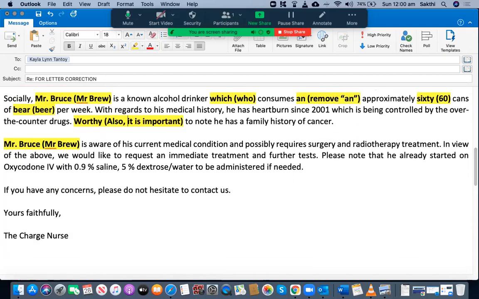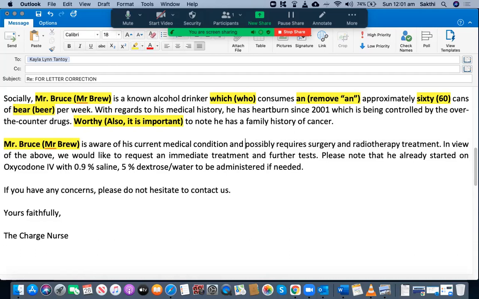Mr. Brew is aware of his current medical condition and possibly requires surgery and radiotherapy treatment. Let's say we are using "is aware of" something. Okay, is aware of medical conditions. And you also have to use the same structure. If you use the same phrase, then it's all right, but you're using different ones. So, "and he possibly requires."